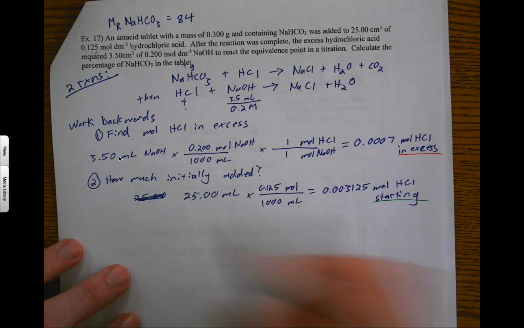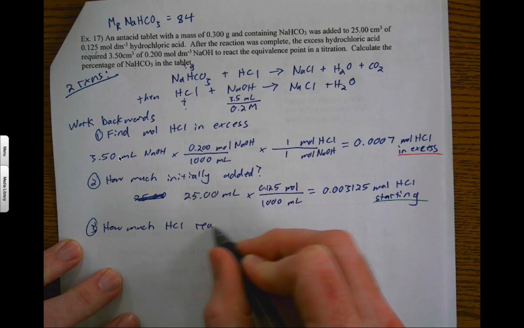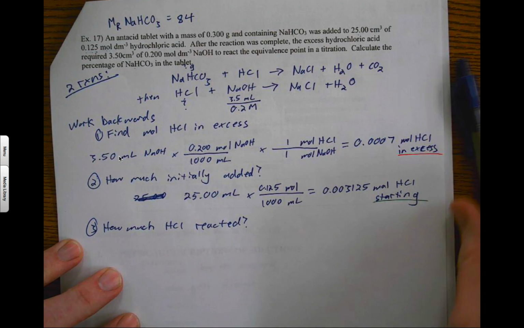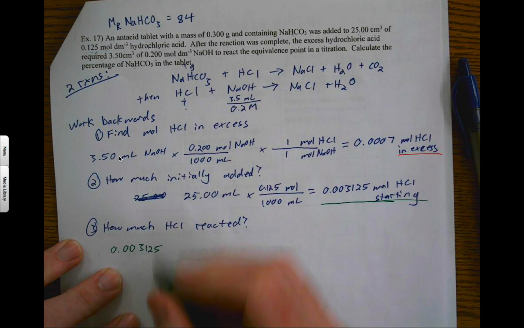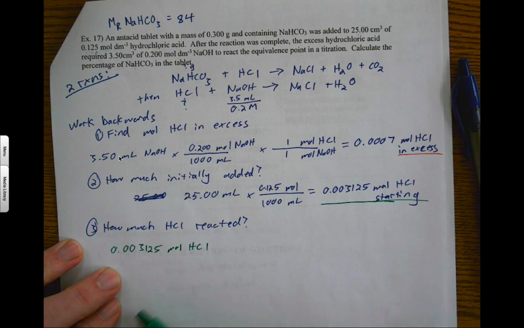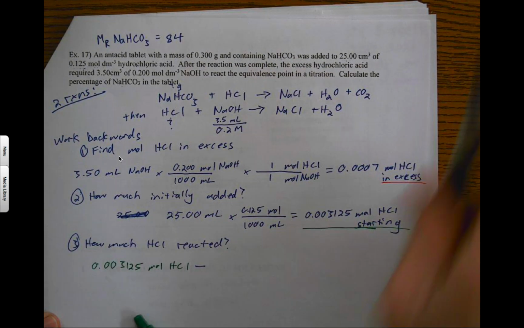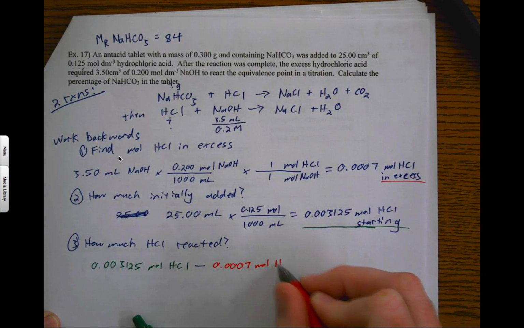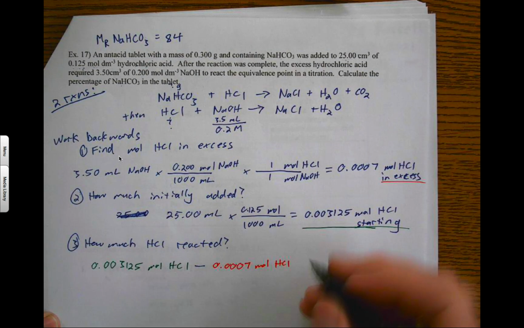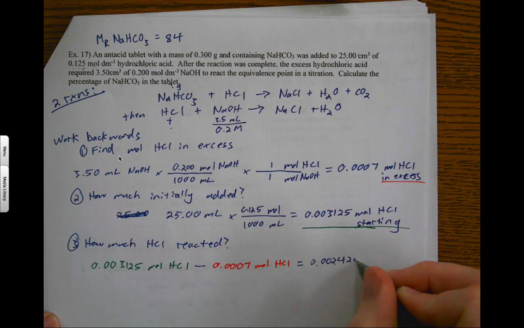So, how much reacted? Well, I'll just take the starting one, 0.003125, this guy, moles of HCl, and I will subtract it by 0.0007 moles in excess, and then my answer will be 0.002425 moles of HCl reacted.